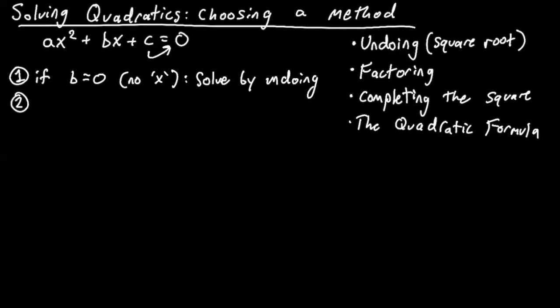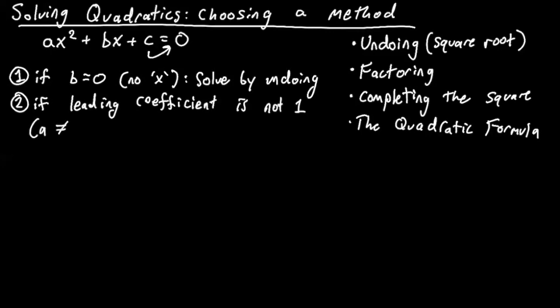Number 2 is assuming there is a b value. Next thing we want to check is the leading coefficient, in other words, a. If the leading coefficient is not 1, so a is not equal to 1, we want to check to see if there are common factors.